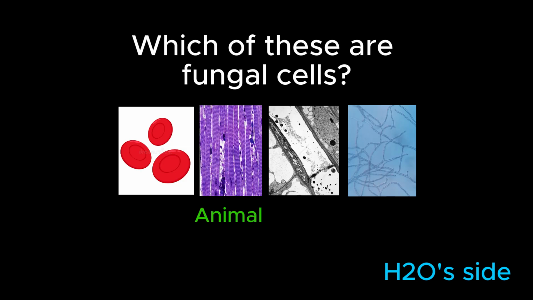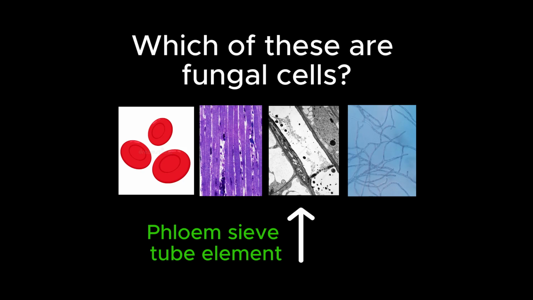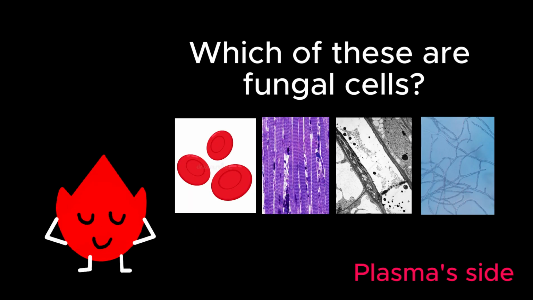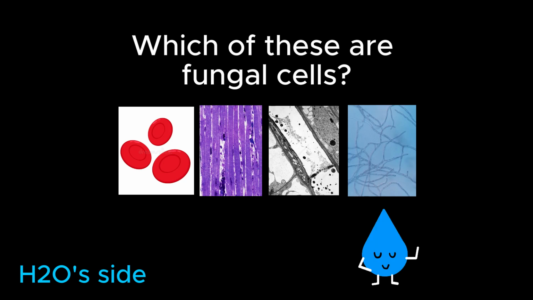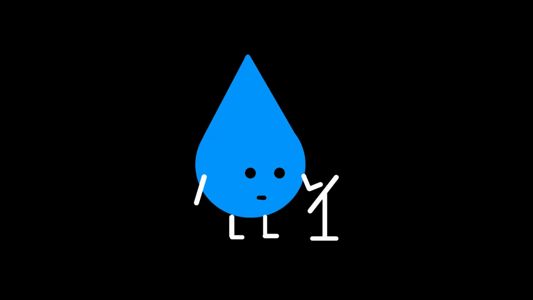These are also animal cells. The next picture shows a phloem sieve tube element, which are the elements that make up the phloem tube in plants. When in doubt, always choose C, so I'll choose the third one. The last image shows cells with cell walls and multiple nuclei. This looks like aseptate fungal hyphae, which are fungal cells.